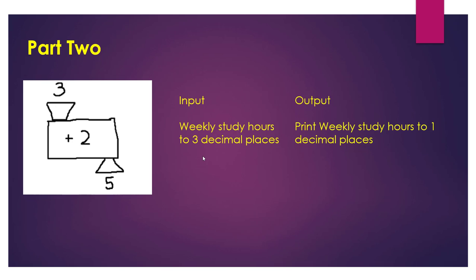For the second part of the program, the application gets a little smarter, as the system will already know the maximum and minimum hours a student needs to study to do well in this software design class. The maximum is 20 hours and the minimum is 12 hours. The system takes the weekly study hours from a user or a student.